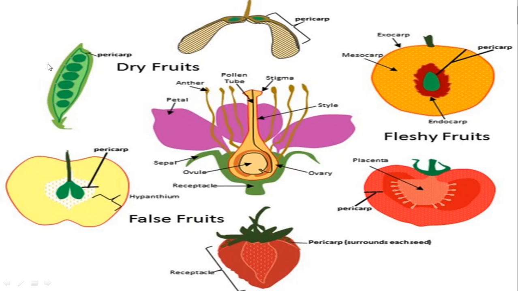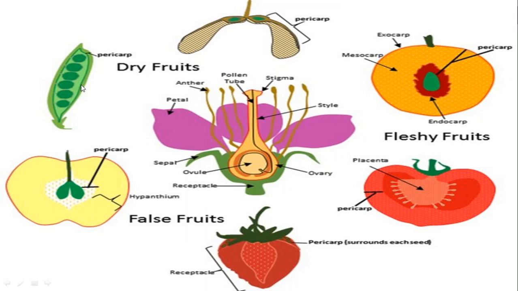This is the dry fruit of pea. In case of pea, the fruit wall is very dry and it is not edible. Then what is the edible part? The edible part is the seeds.